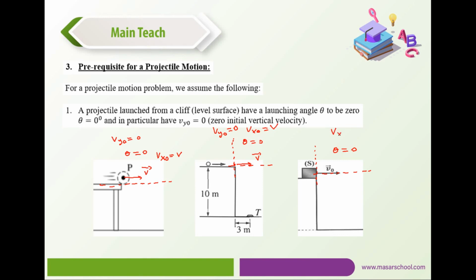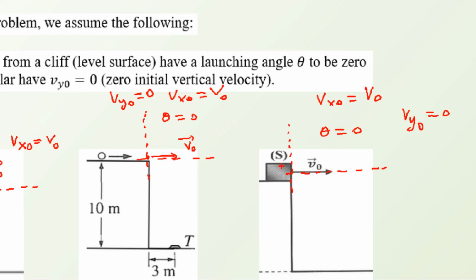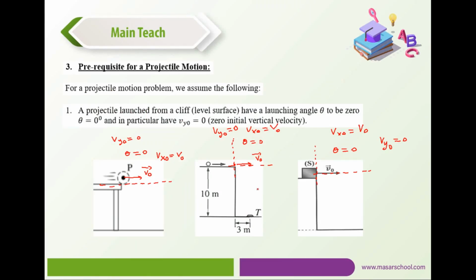Vx0, the horizontal component of the velocity at the point of launch, the initial point, would be the total velocity, which is V0 in this case. And the initial vertical velocity would be 0, because the initial velocity makes no vertical component. So this is an important thing to notice.